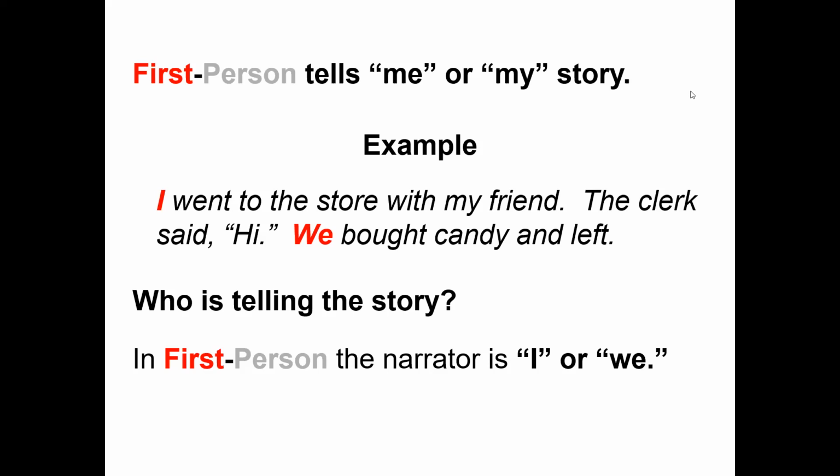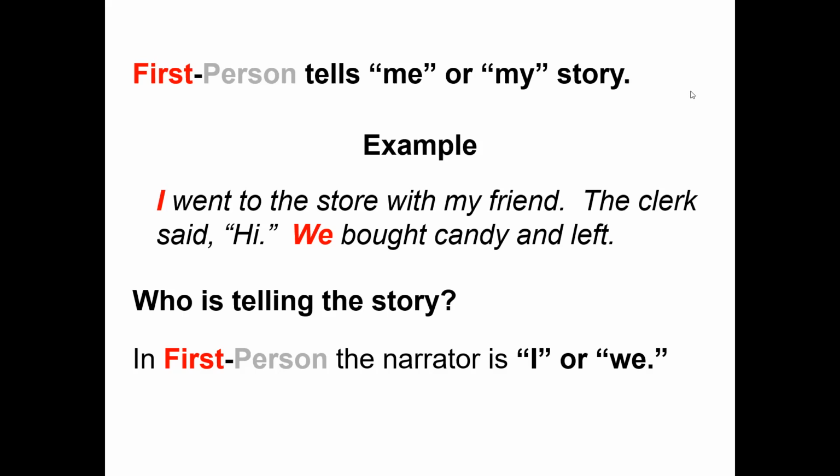Where's Jeremy? Jeremy Lines, where are you? Yes, sir. When we're writing in the first person, who is telling the story? Repeat the question again, sir. When we're writing in the first person, who is telling the story? The narrator.